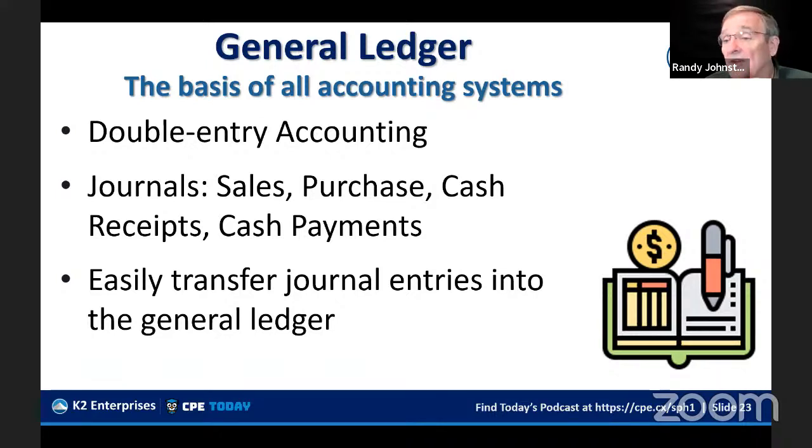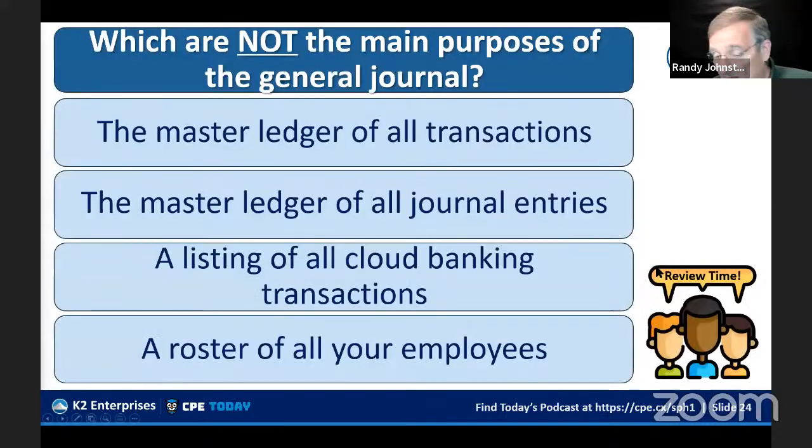We'll look more at those in just a moment, but I hope you're ready for a question, which probably should have been done a few minutes ago, which are not the main purposes of the general journal. It's the master ledger of all transactions. It's a master ledger of all journal entries. It's a listing of all cloud banking transactions, or it's a roster of all your employees. So what do you think there on that one?